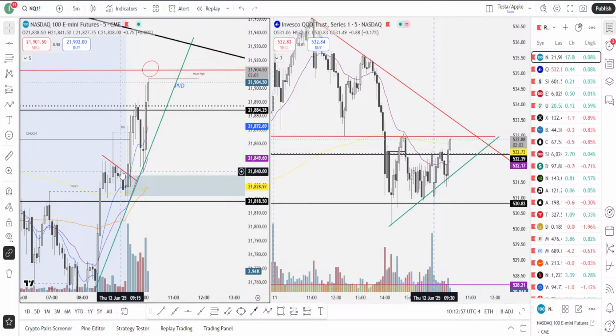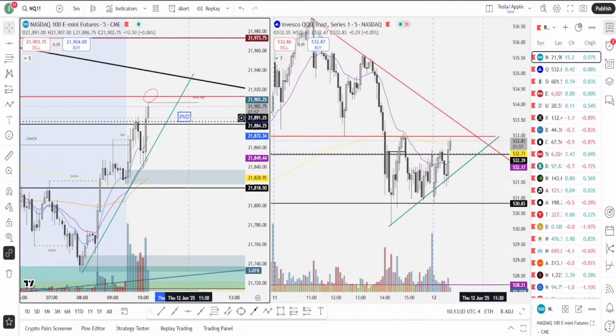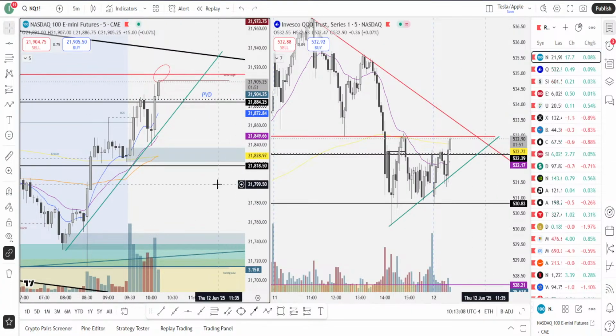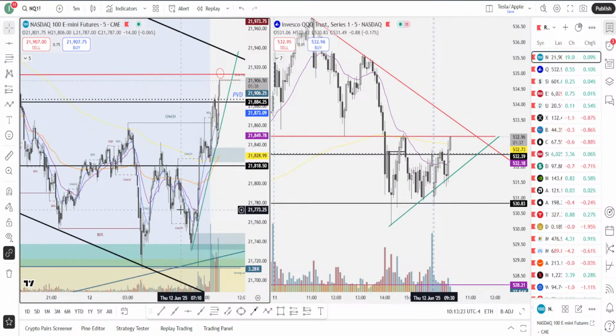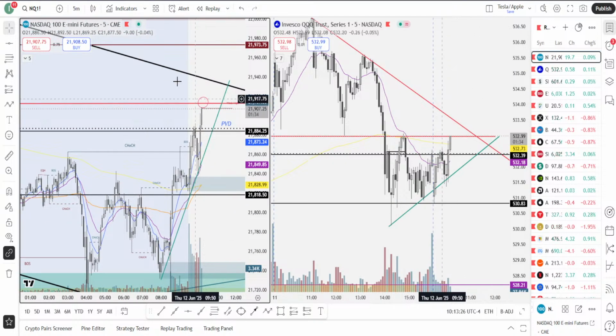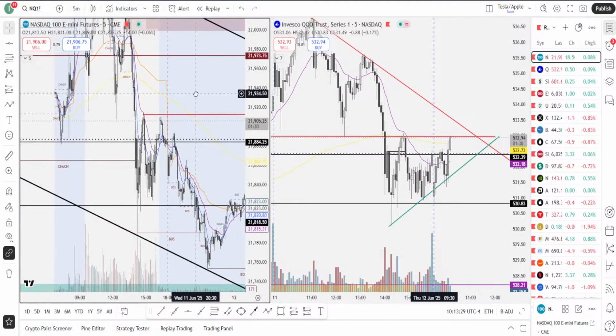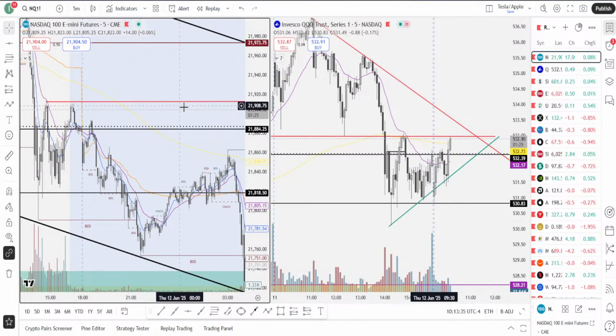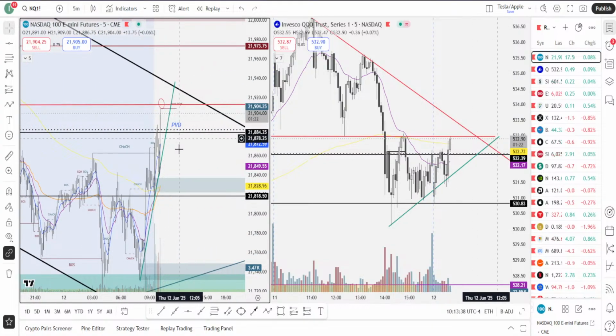Right here. There it is. We're almost there. If we look back, this is where our target was. We have equal highs here. That's what we're targeting.